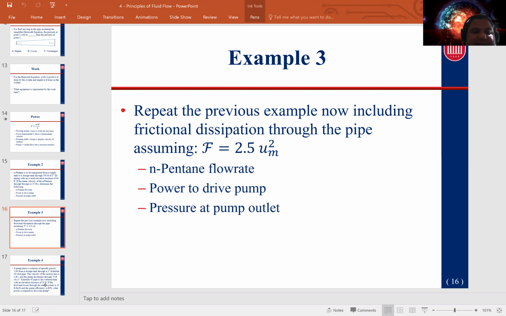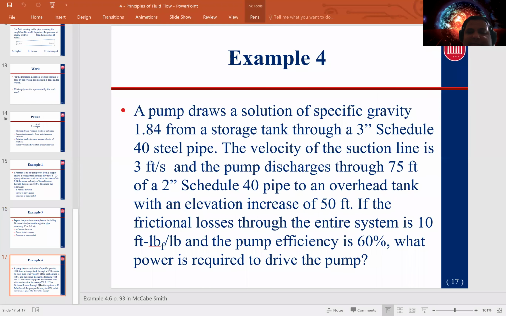So what we're going to jump in and look at is this question, number 4, which asks: a pump is drawing a solution of specific gravity 1.84 from a storage tank through a 3-inch Schedule 40 pipe. The velocity of the suction line is 3 feet per second, and the pump discharges through 75 feet of a 2-inch Schedule 40 pipe to an overhead tank with an elevation increase of 50 feet.